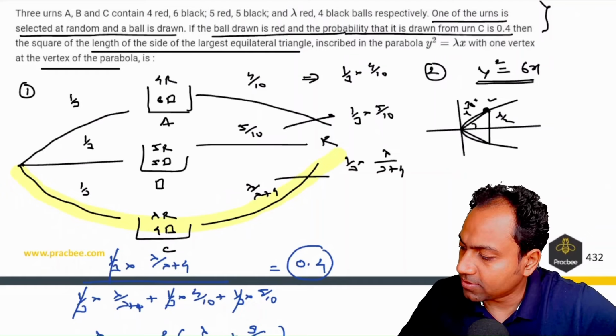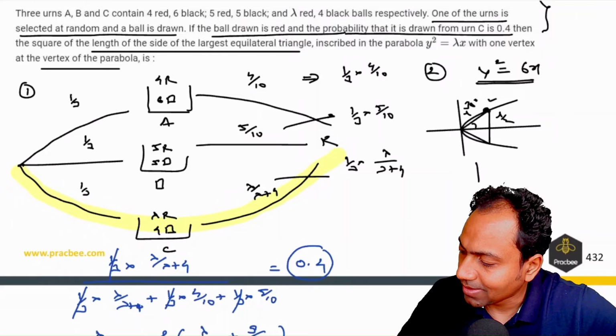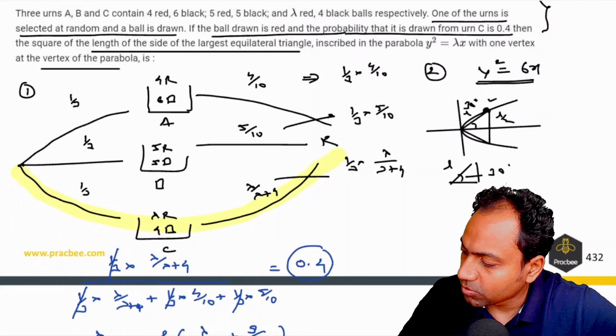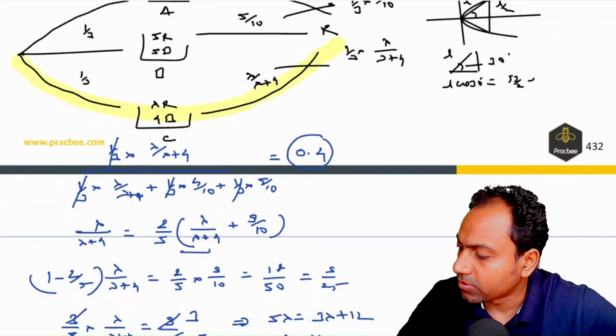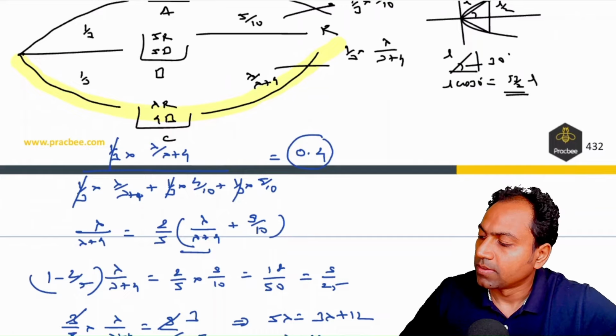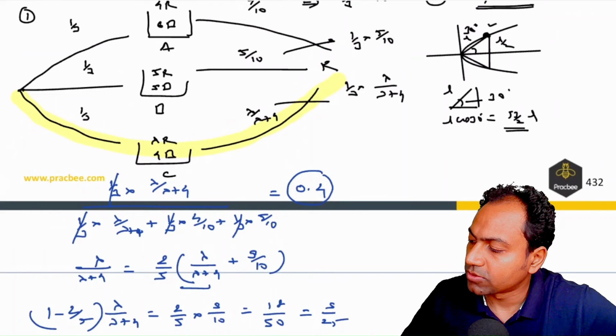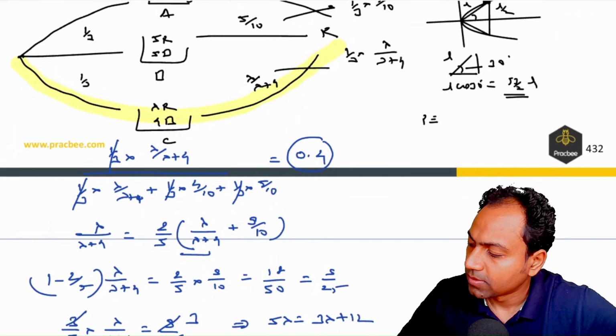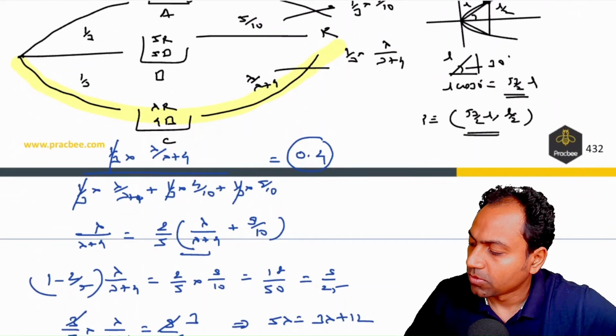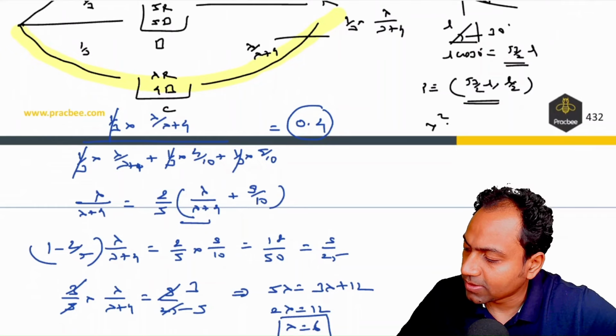In this triangle that we have been given, this side is L and this angle is 30 degrees. So this base will come out to be L cos 30 degrees, which is root 3 by 2 L. Now if I want to write the coordinates of this point P that we were talking about earlier, the x coordinate is root 3 by 2 L and the y coordinate is L by 2. Put it in the equation of the parabola, y square is equal to 6x.